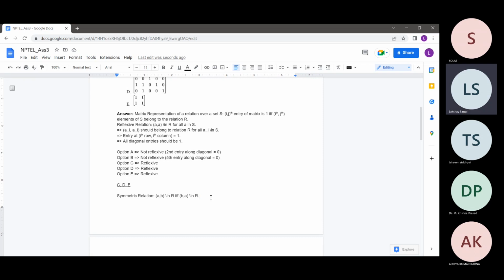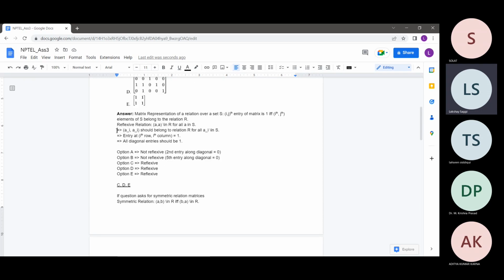Both should be part of the relation. So if the question asks for symmetric relation matrices, basically this thing should hold, that (a, b) and (b, a) both should be in R.